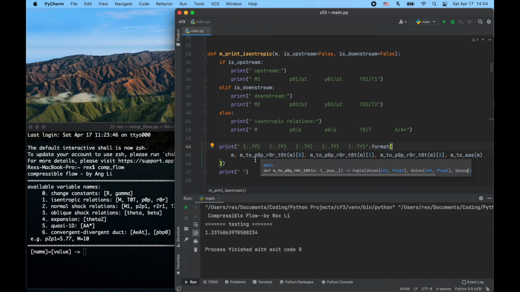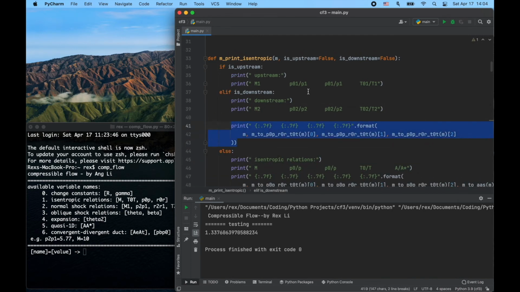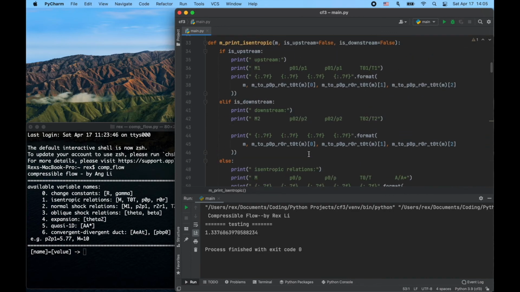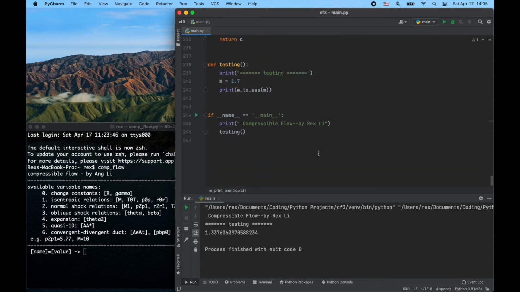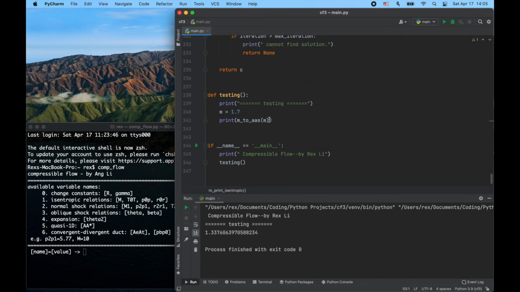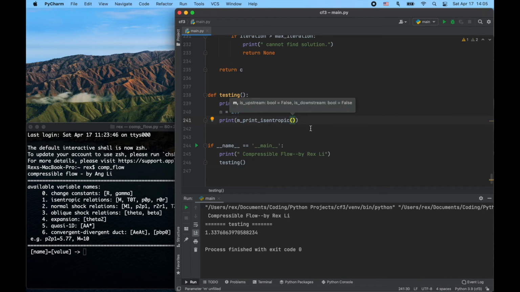So let's print it out. And this should be consistent with the table. Maybe we can change it to 2.5. Oh.